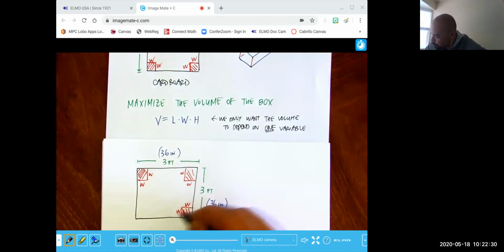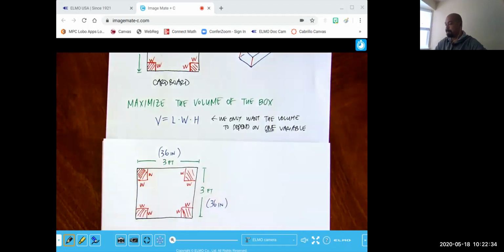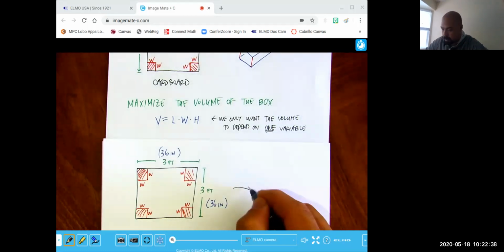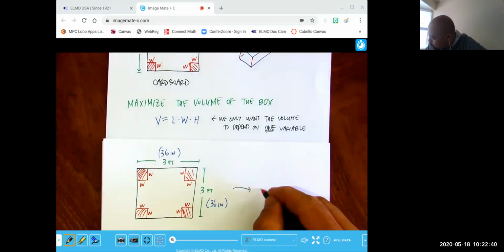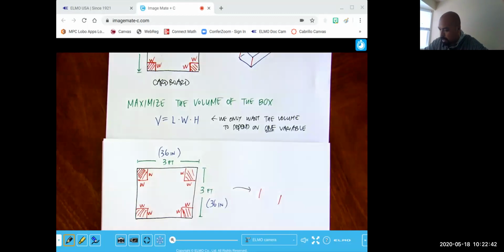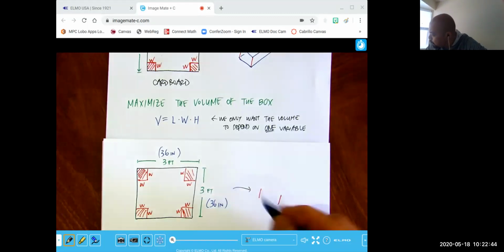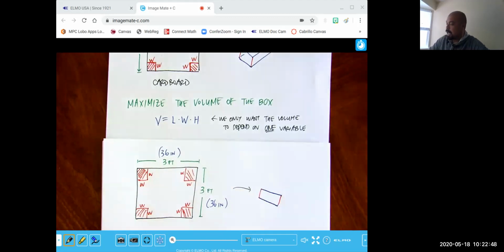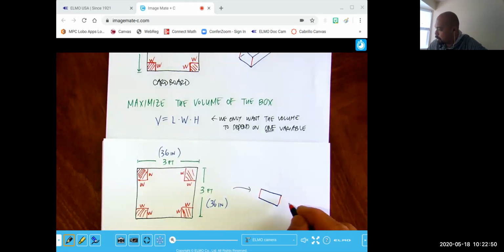And again, I know maybe a little redundant here, but let's go here. Once I make that cut, we've talked about already how that portion becomes that height piece. So that W, let me finish drawing this so I don't get it too messy here.